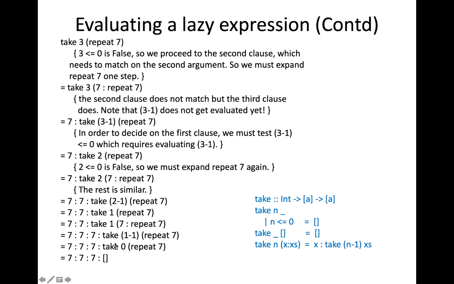So this is the crux of how Haskell manages this infinite list, because at some point we can ignore the remaining part of the infinite list, and then the whole thing can be replaced, and we have the answer 7 concatenated with 7 concatenated with 7. That is the result of this call, right?